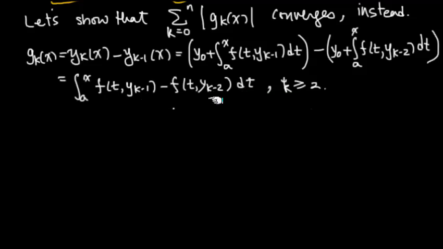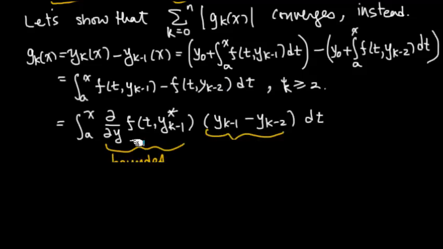And here it is again: the same function, the difference of function values, t is the same, and y_{k-1} and y_{k-2} is the only difference. So you can realize this difference of function values using the mean value theorem, namely a special value of a derivative, in the second slot, which is the partial derivative with respect to y. So here's the partial.